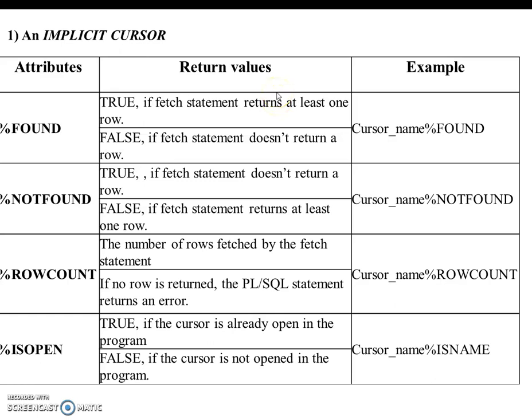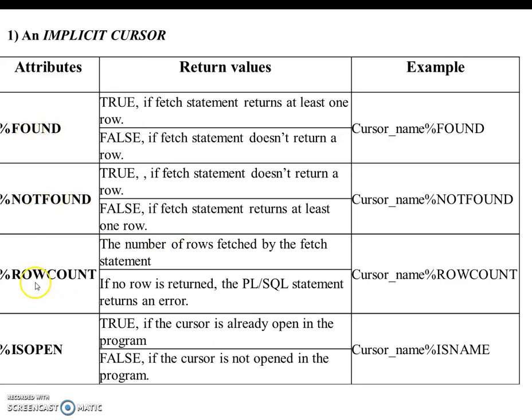If those rows are accessed, then it will return a true value. If no rows are accessed, it will return a false value. Like found, the next attribute is %NOTFOUND. It will return true if the statement does not return a row, or it will return false if that statement returns at least one row. So that is the difference between found and not found.